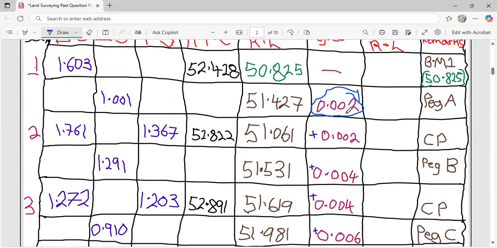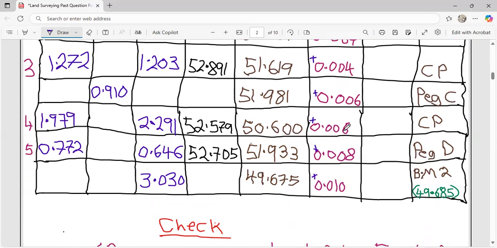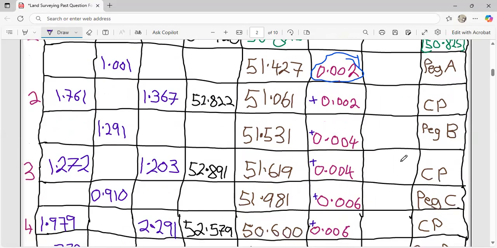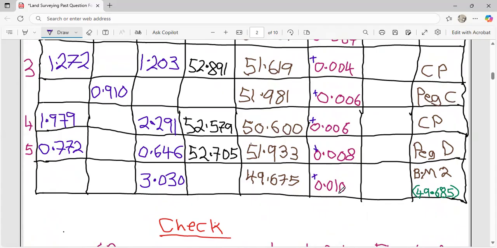From there, we can now use this to calculate our next adjustment reduced level. Over here, after multiplying the 5 times the 0.002, which is our adjustment, you realize that we had positive 0.010.